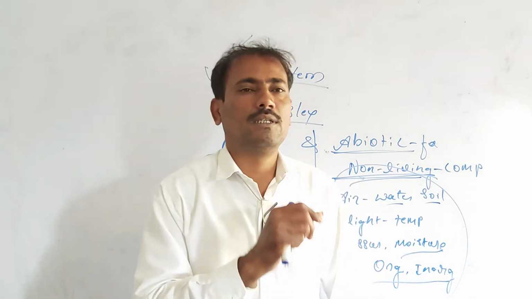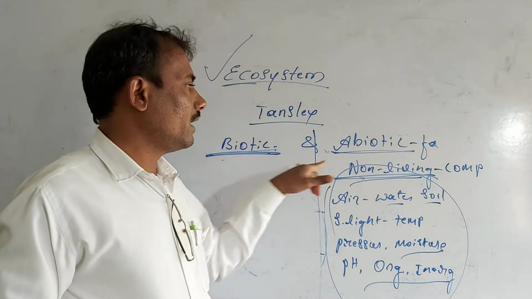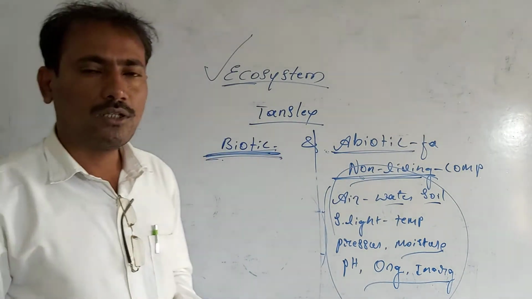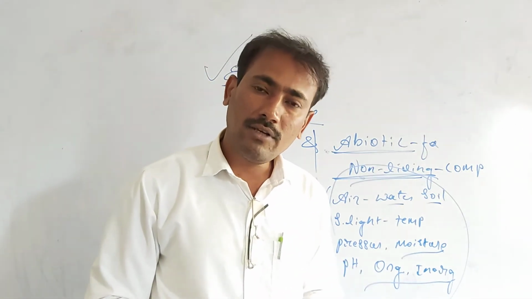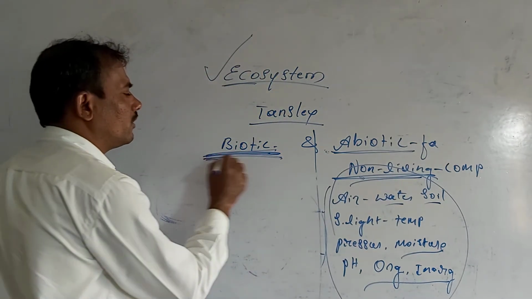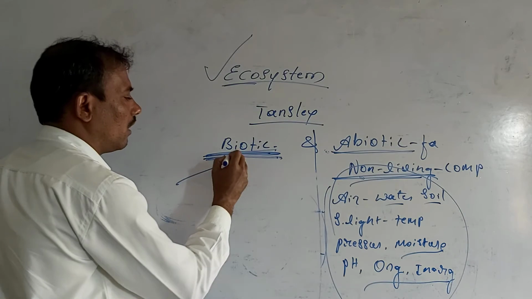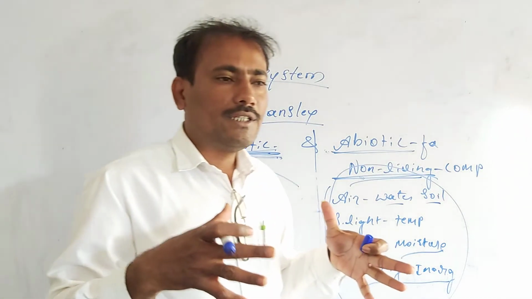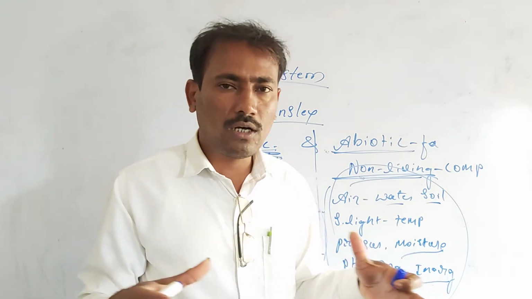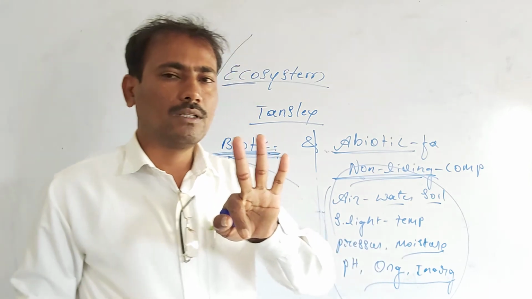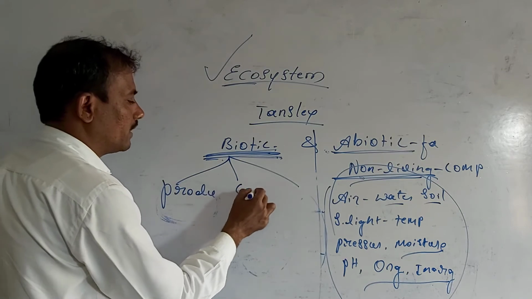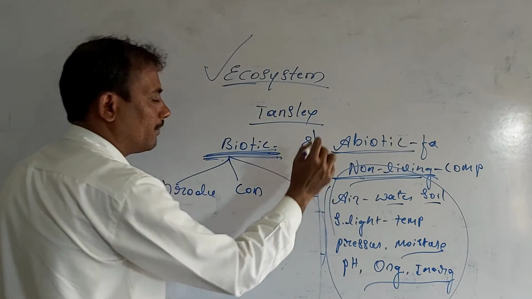Structure of the ecosystem includes the biotic factors and the abiotic factors. In order to understand the role of each and every living organism present in a particular ecosystem, all biotic factors are arranged, or in other words categorized. All organisms are split into three categories: the producers, then consumers, and the decomposers.